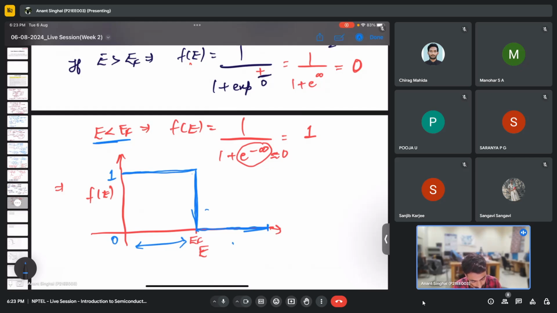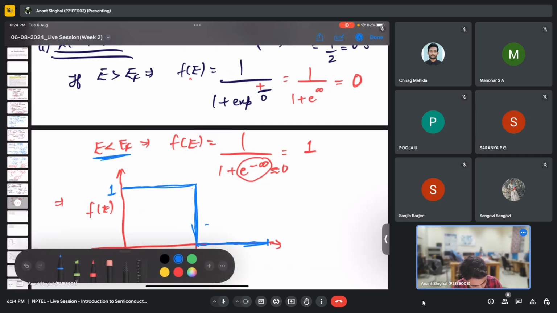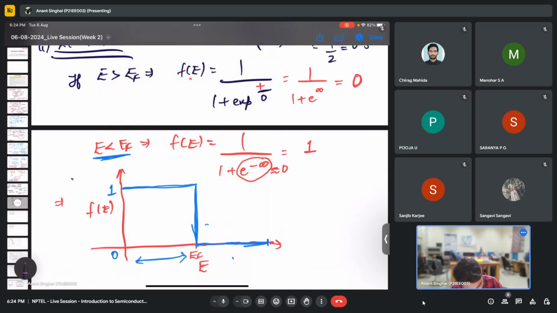So this is just to give you some insights. Now what will happen? This is very easy to calculate. Let's say when E is less than EF and we start to increase the temperature in the equation only. This probability will start to decrease, and this probability will start to increase, because as we increase the temperature, there will be some probability that the electrons will be there in the conduction band, like it will go over the Fermi level.